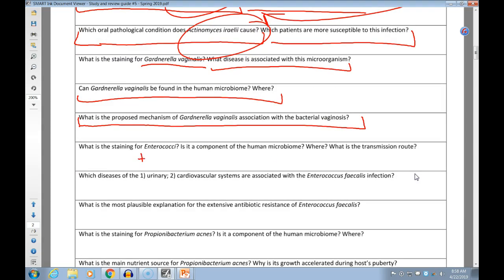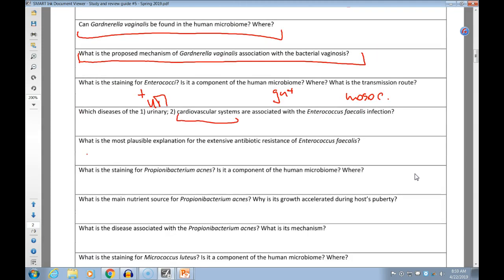So, gram-positive, it's a component of the gut microbiome. Transmission route: nosocomial. Either it can be self-inoculation or nosocomial from person to person. Urinary tract disease: if I ask you urinary, it's UTI always. Cardiovascular disease: endocarditis. Extensive antibiotic resistance of Enterococcus faecalis is due to the exposure to antibiotics since it's present in the gut.